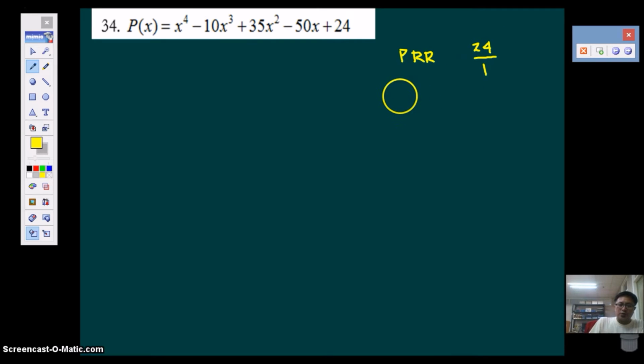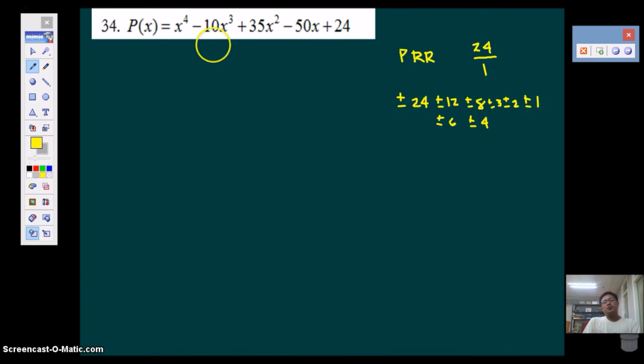Factors of 24 are plus and minus 24 and its partner 1, plus and minus 12 and 2, plus and minus 8 and 3, plus and minus 6 and 4. There are 8 of them, 16 in total, including both positive and negative. From these 16 numbers, we can get the 4 rational roots we are looking for.